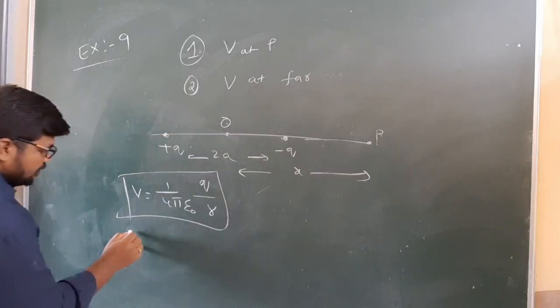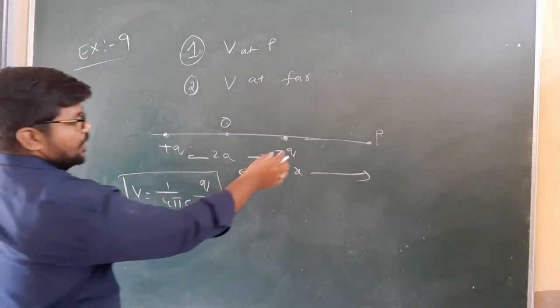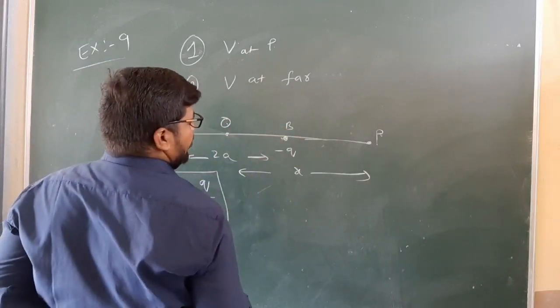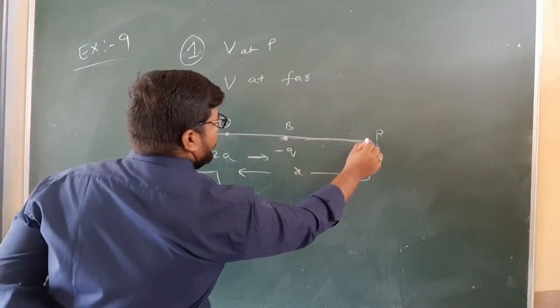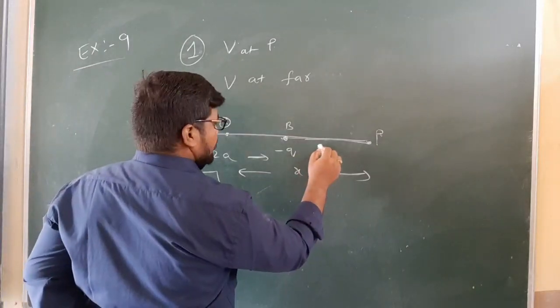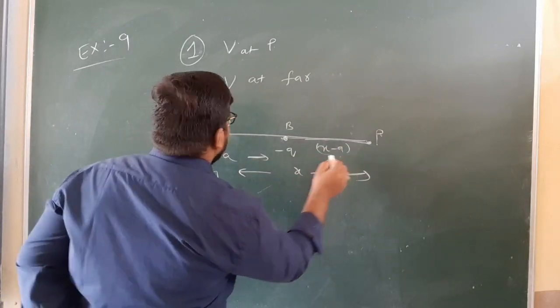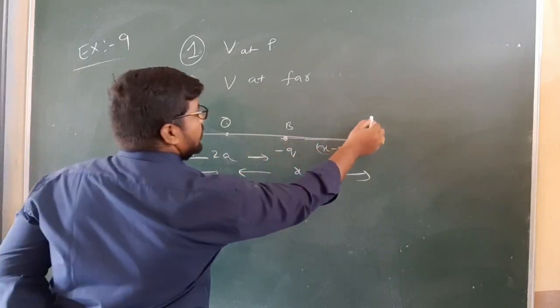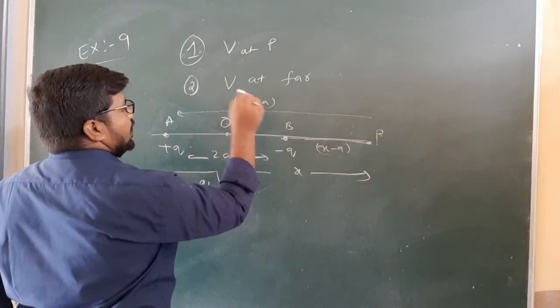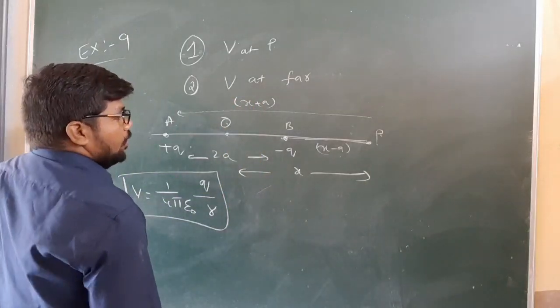First, say the charges are at A and B. Now the distance is x minus A from one charge, and x plus A from the other.